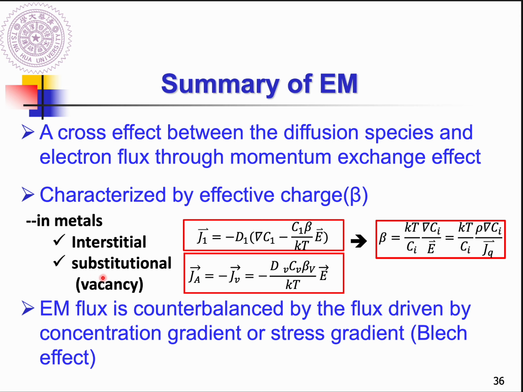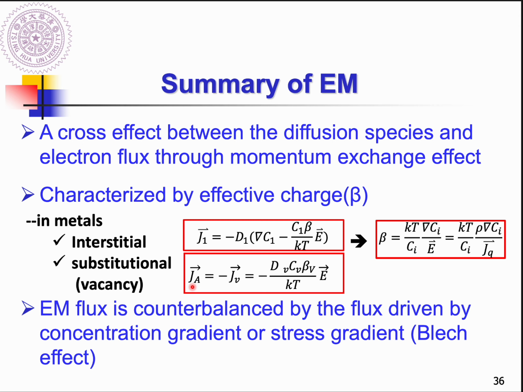In this case, in order to know the atomic flux of these substitutional atoms, we first of all, the concentration of these substitutional atoms, you can measure that for sure, right?